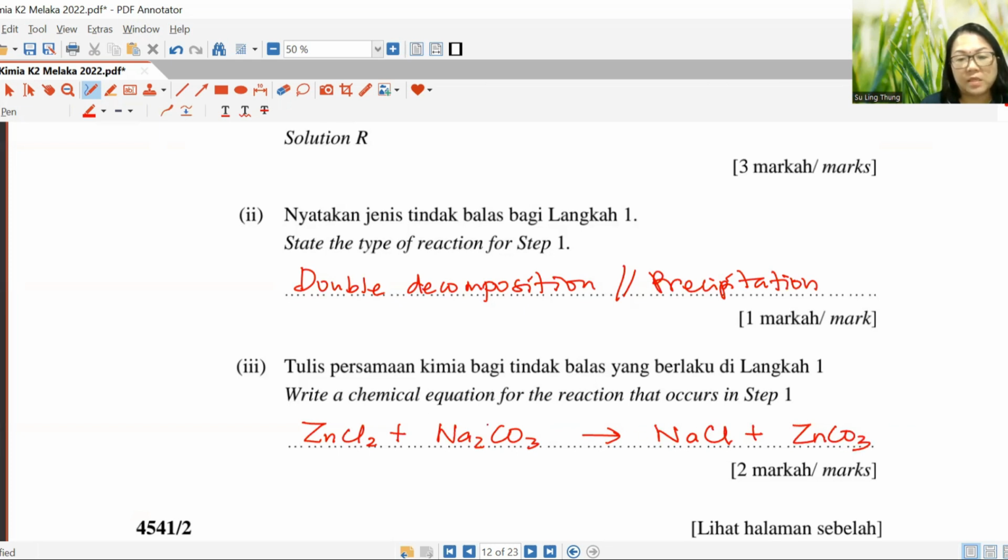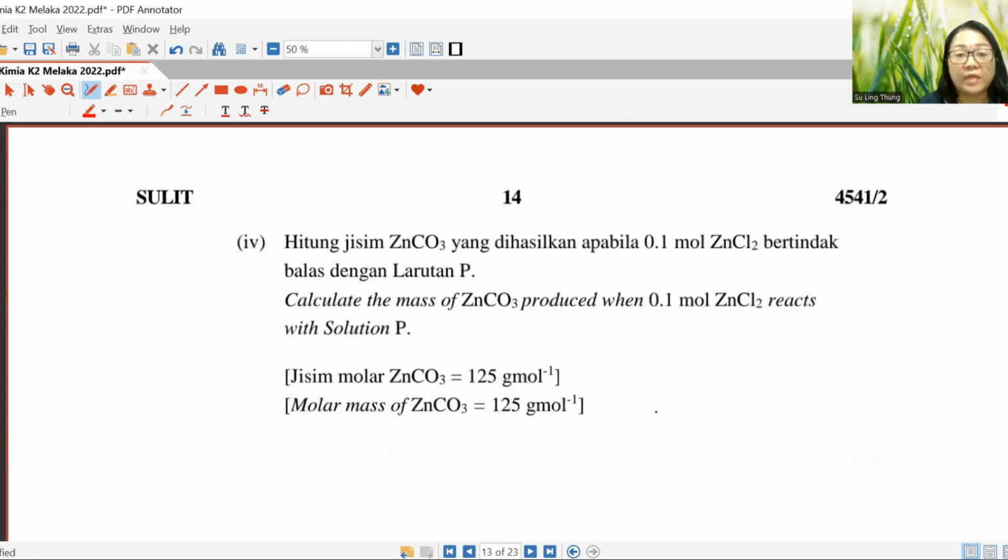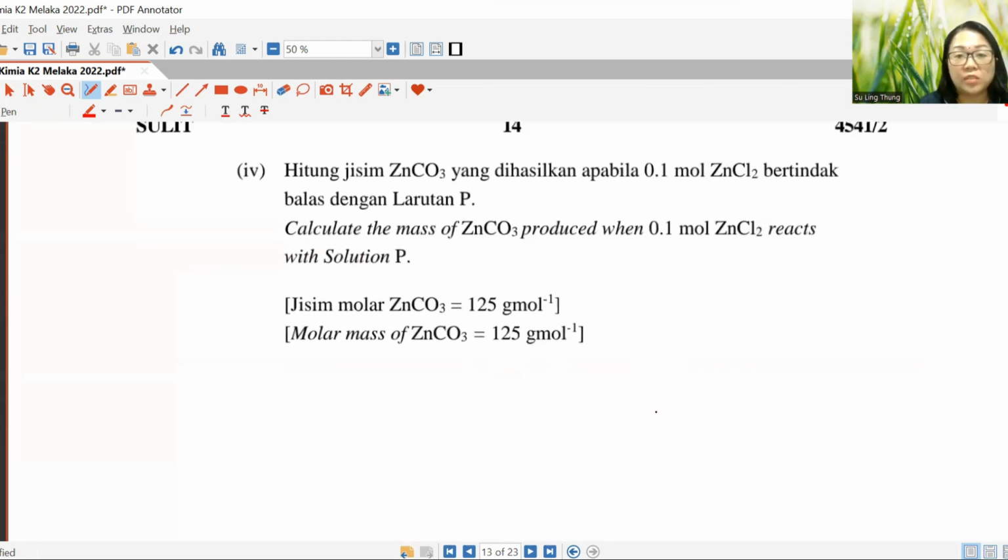So let us see the balancing part. It seems like your sodium needs a 2 in front. Again, first mark is for correct reactants and correct products, and the second mark is for balancing the chemical equation. That's how you get your full mark for writing a chemical equation.